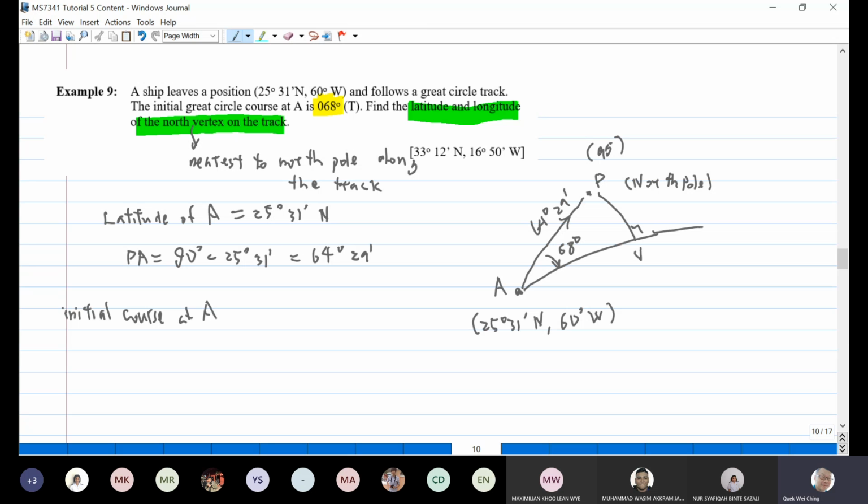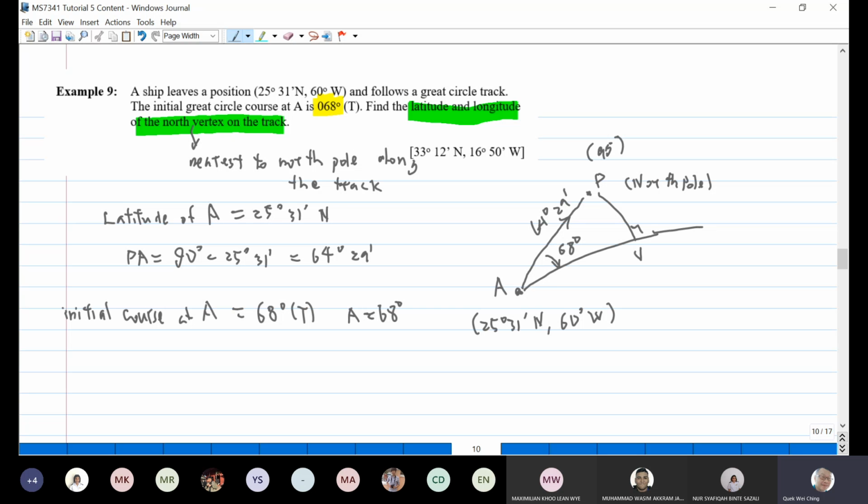So this is 68 degrees true bearing, so A is equal to 68 degrees. Then where's the vertex? Where's the angle at V?